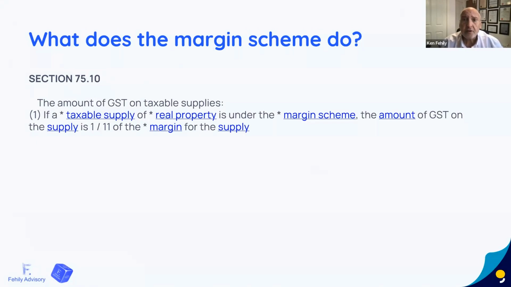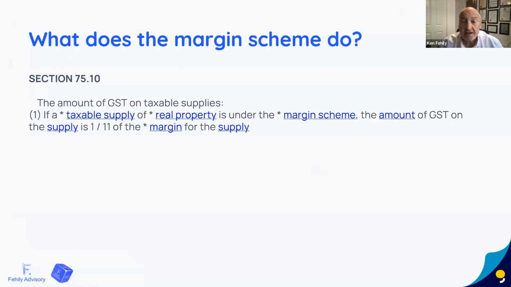So when we go through the law later on, the word amount relates to the amount of GST that's payable. If a taxable supply is under the margin scheme, the amount of GST is 1/11 of the margin. Keep that in mind.